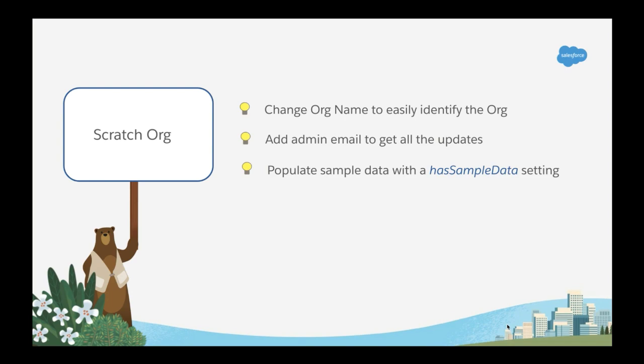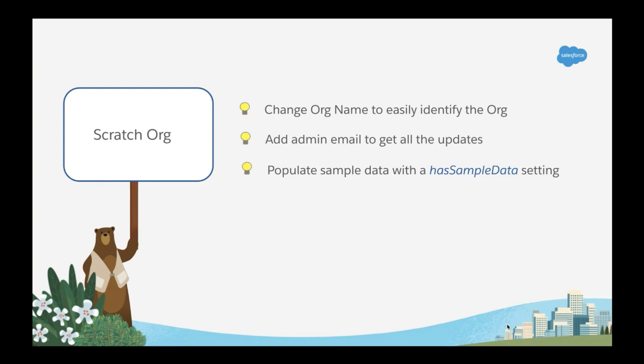And the second tip is you can mention the admin email in the scratch org definition file. This helps you whenever there is some problem with the scratch org, an email is sent to this specified email. Otherwise, the email is sent to the mail that is registered in the DevHub org.